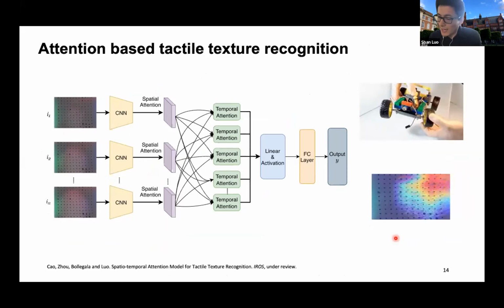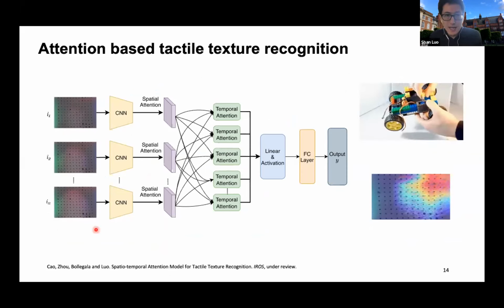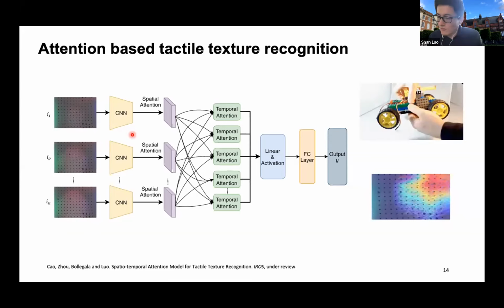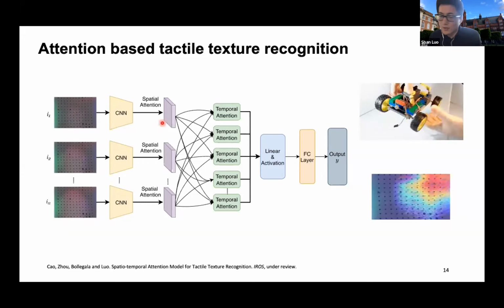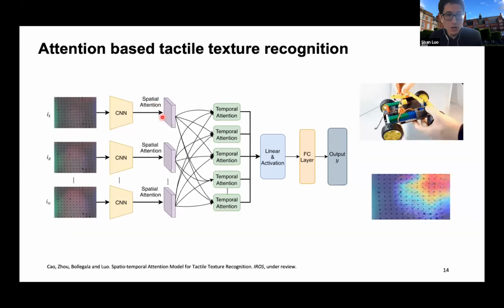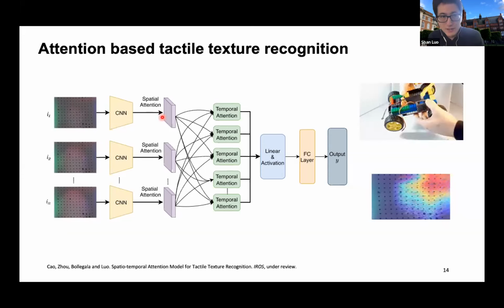Here we have the tactile sequence as the input of the network. Then we use convolutional neural networks to extract the spatial features from the input, and for each feature from the convolutional neural network, we use one spatial attention module to attend to the obvious features.